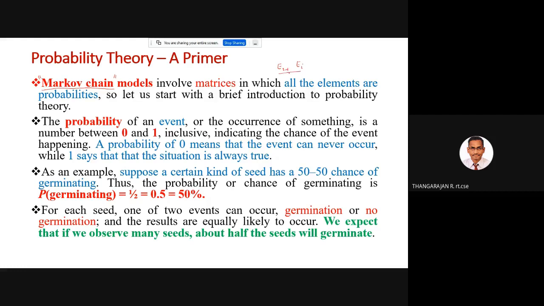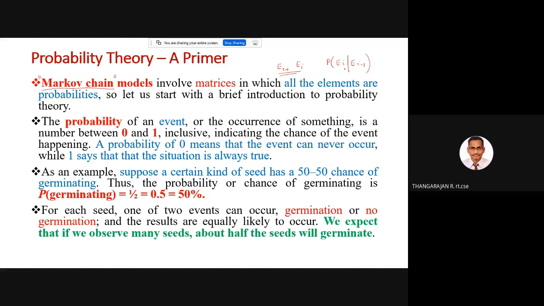So what is this Markov chain? It is generally the probability of an event I given event I minus 1. So this is conditional probability.